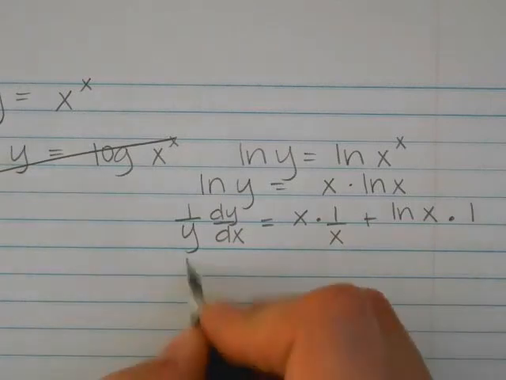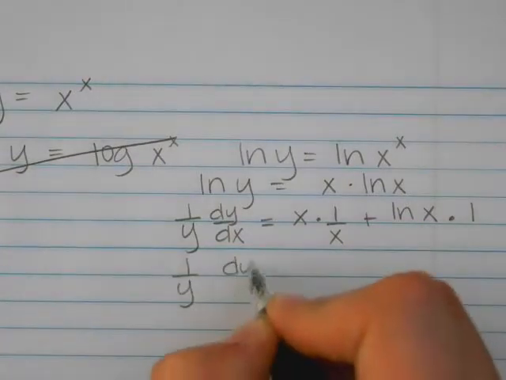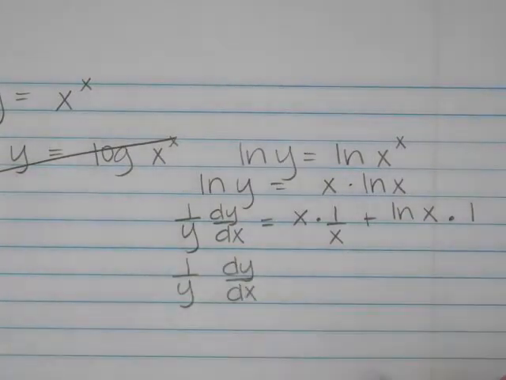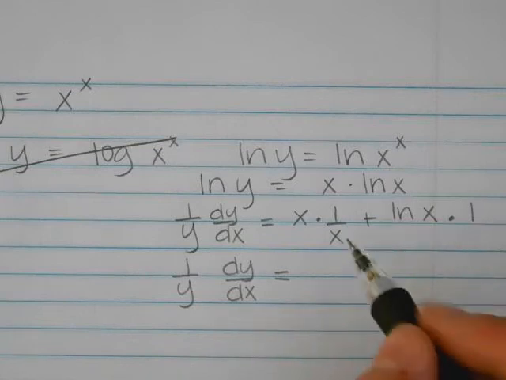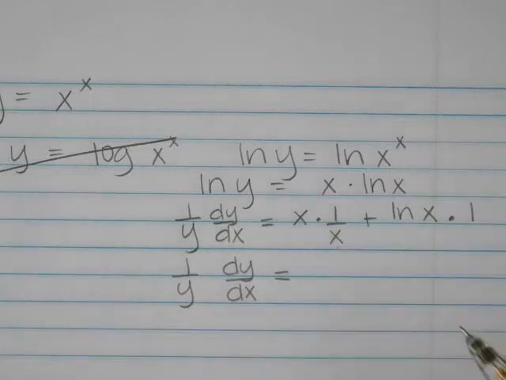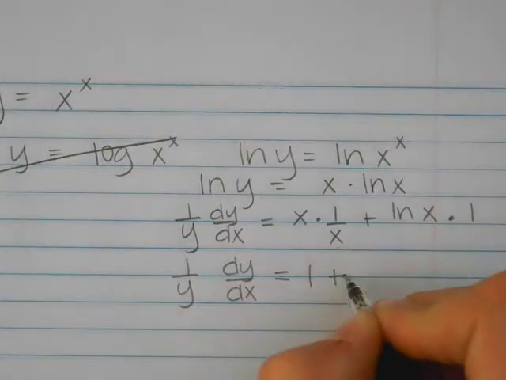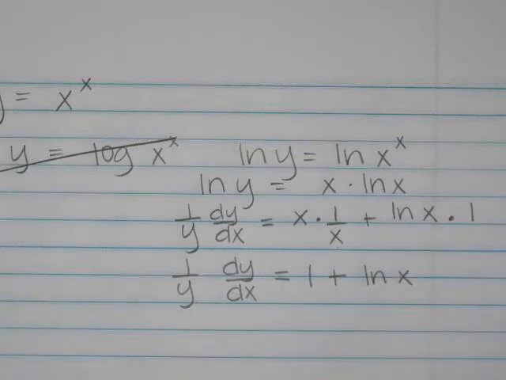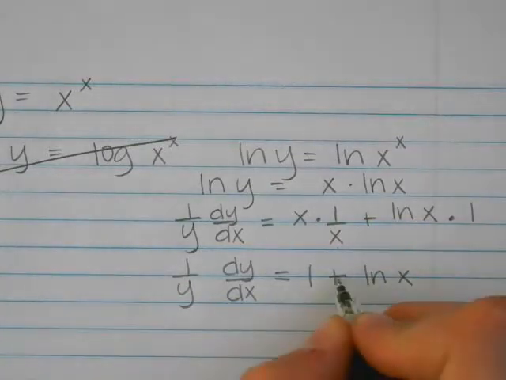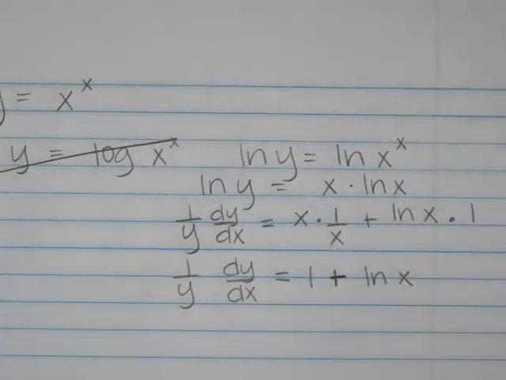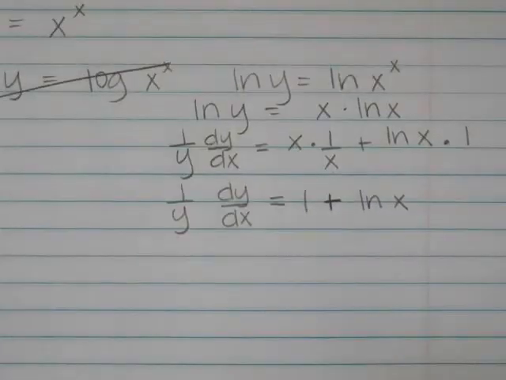So at this point, if I clean this up a little bit, I have 1 over y dy dx equals, what happens with this part? Those cancel, right? x times 1 over x is just 1. So I get 1 plus ln x, right? Okay, so 1 plus ln x.